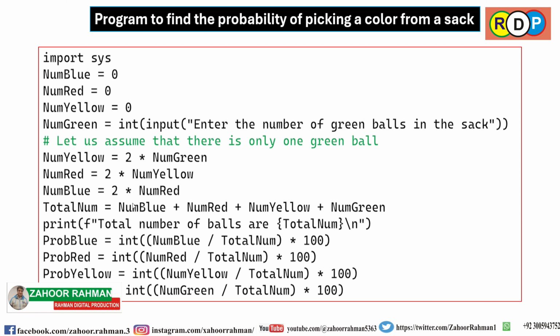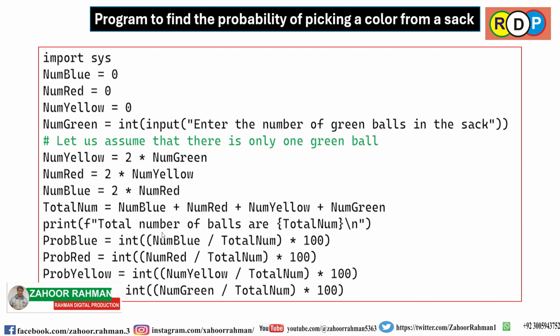So now we are adding it, num blue plus num red plus num yellow plus num green, and it will return you 15 as the value. So print total number of balls are total num, and it will move to the next line.